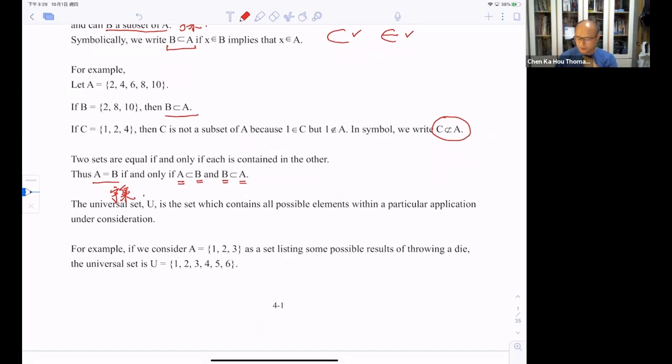A very simple example: if you throw a die, the universal set is 1, 2, 3, 4, 5, 6. In other words, the universal set is the population. All possible elements are included in it.